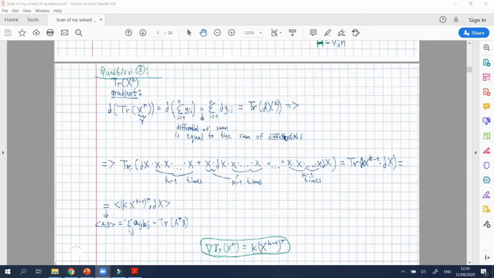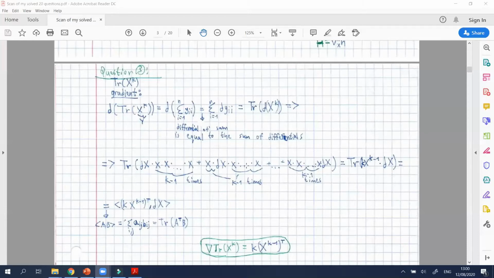So what we do is we use the multiplication derivation rule, and we just derive each element by its term, each matrix. So it will be trace of dx, a small movement in the X matrix, times k minus 1 X's.